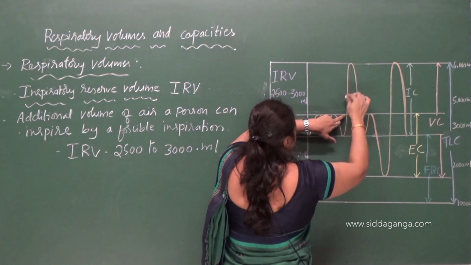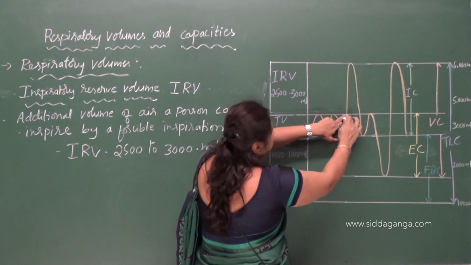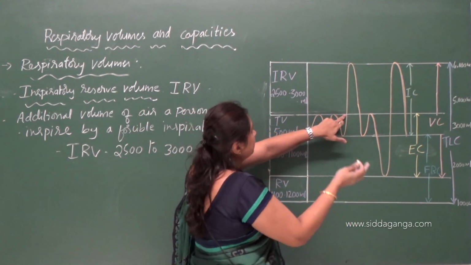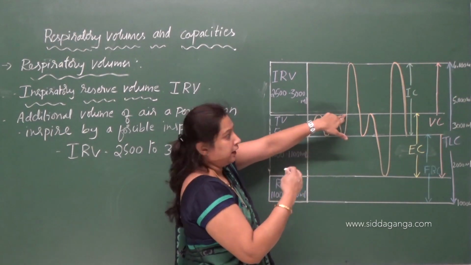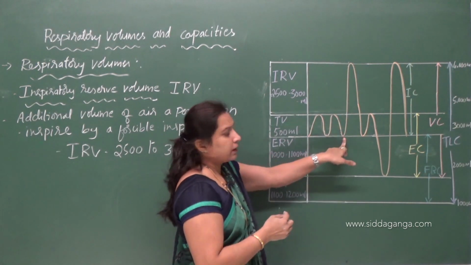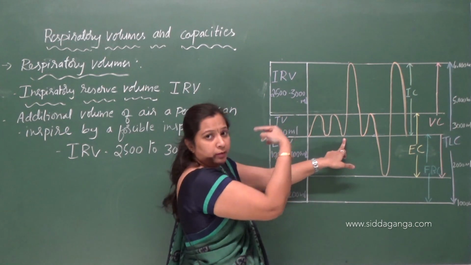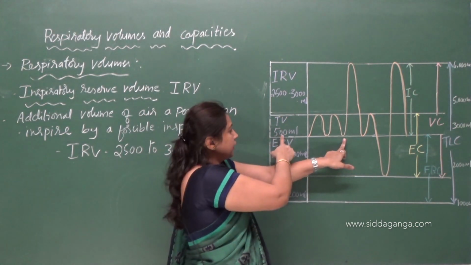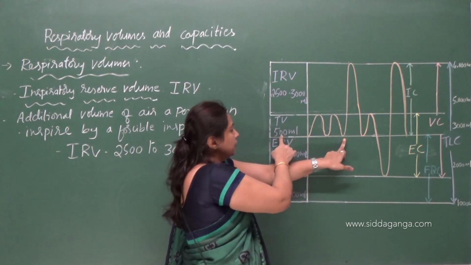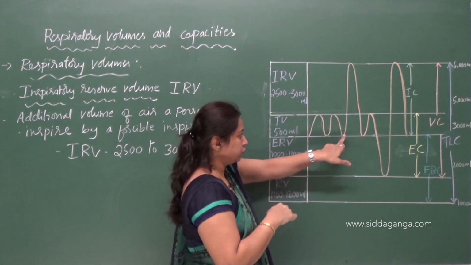If we inspire forcefully, we are able to take some additional volume of air. See, during normal inhalation, how much volume of air are we able to take? We can take 500 ml of air.